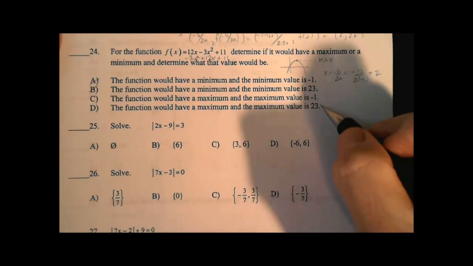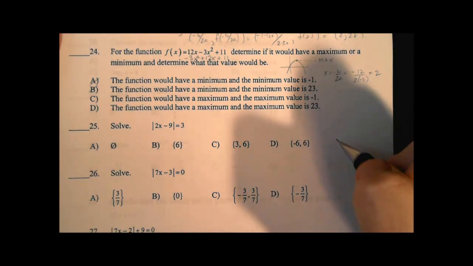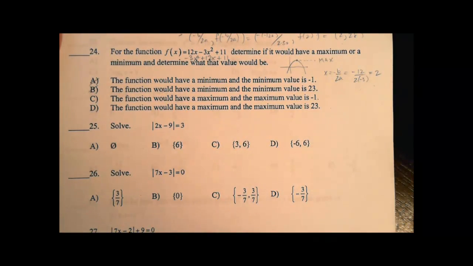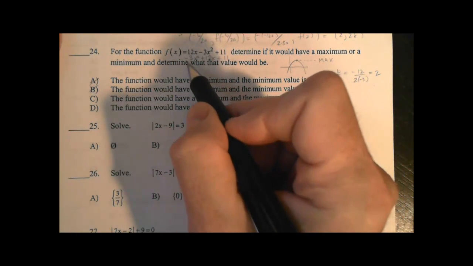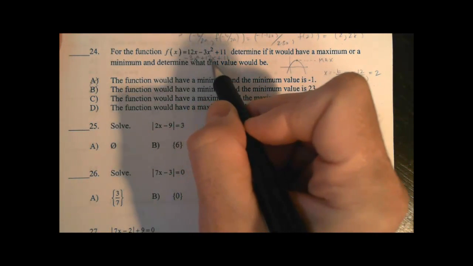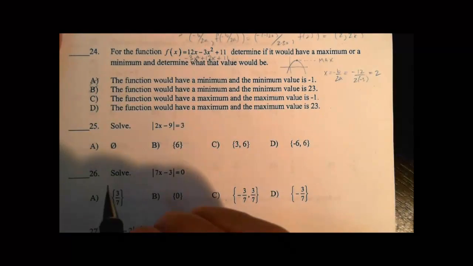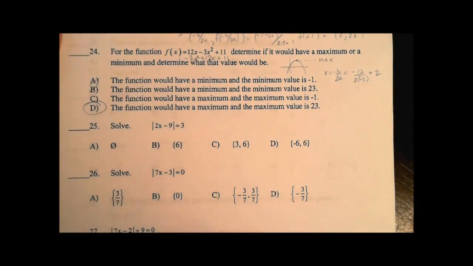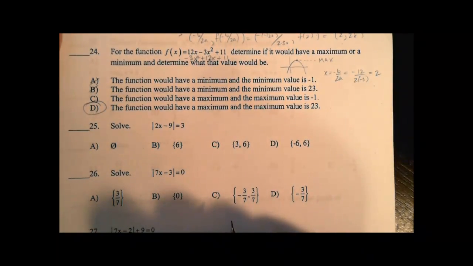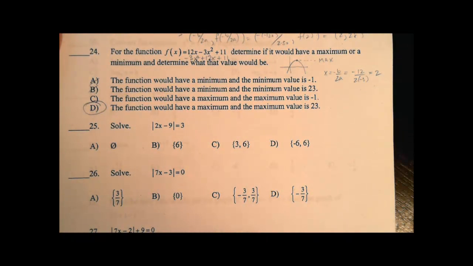Well, they're not trying to fool us by telling us that the maximum value is 2, but let's go ahead and check what the value of the function is at 2. Negative 3 times 4 is negative 12, plus 24 is 12, plus 11 is 23, so the correct answer is D. I don't know where the negative 1 would have come from, and if you were to graph this, it should be fairly obvious that you're getting that value.